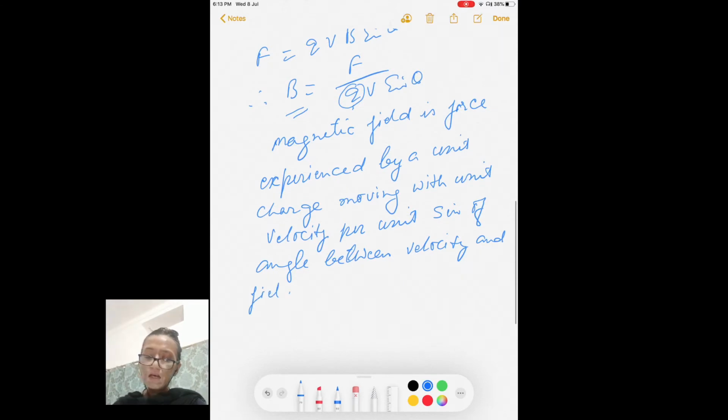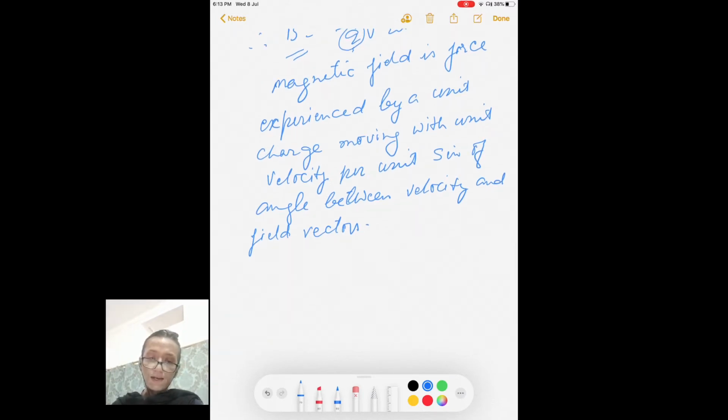Okay, this is how you will be explaining magnetic field.